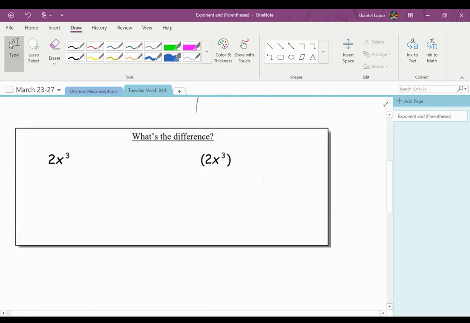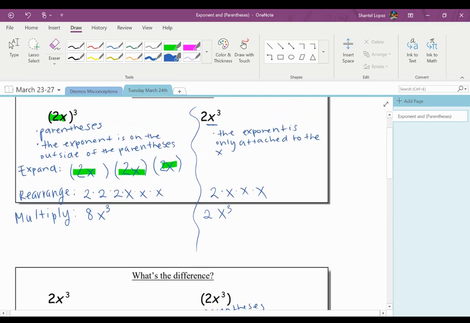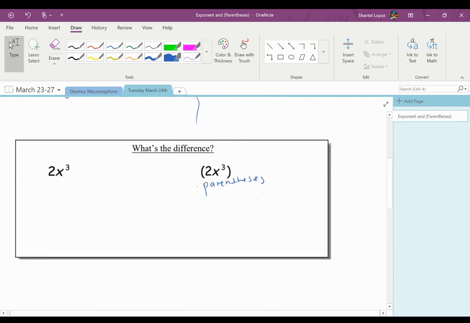So what's the difference here? Once again, this one has parentheses. And this one's the same thing as the one at the top, except this one has parentheses on the outside. So if I were to expand this one, it would be 2 times x times x times x. Once again, no need for rearrangement. And when I multiply, I can actually drop the parentheses because they aren't really doing anything.